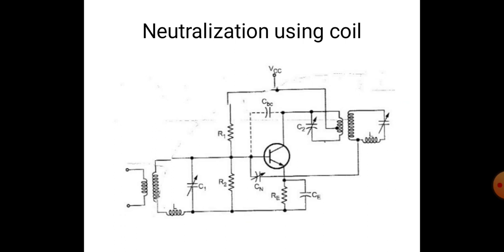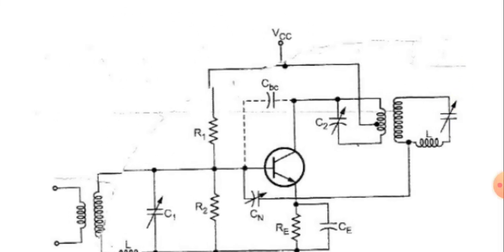In addition to that, it is connected to an inductance L as shown here, which is connected 90° to that of the secondary winding, which provides more stability to the second stage tuned amplifier.